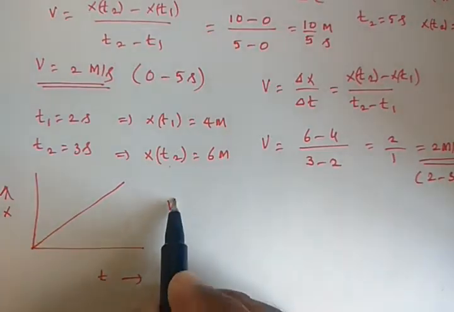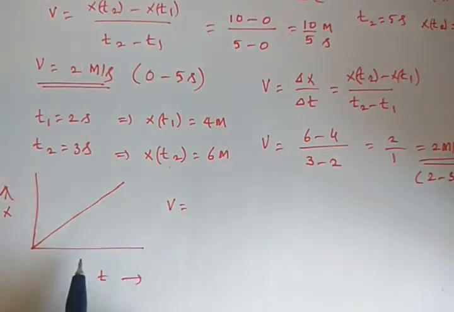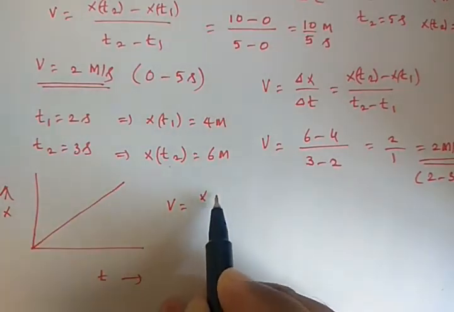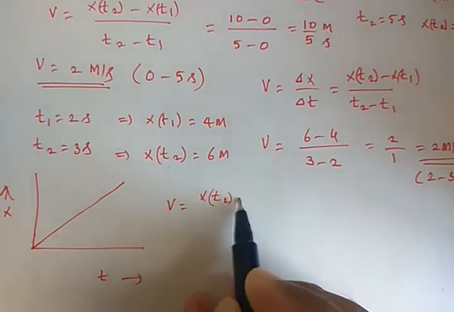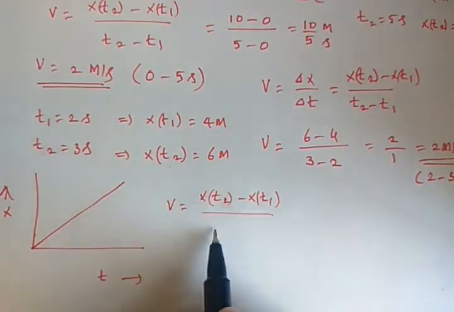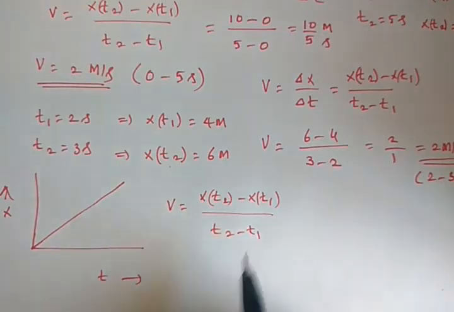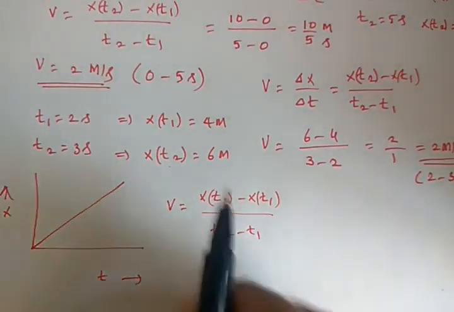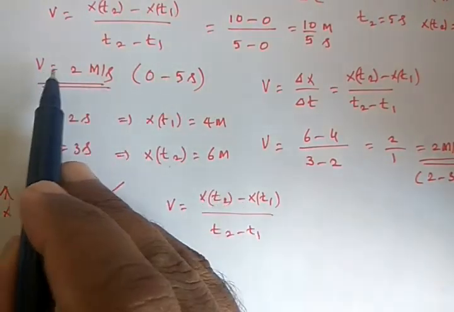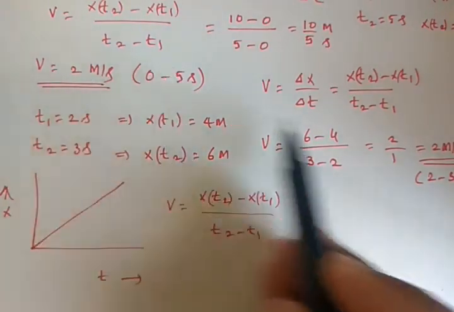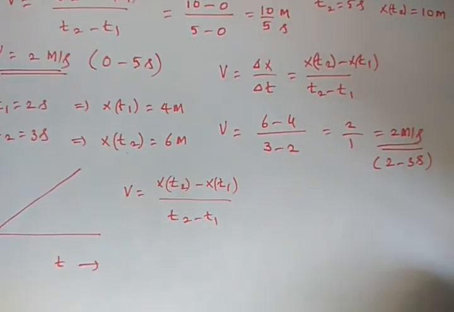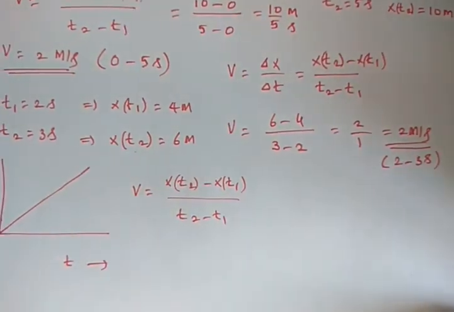The velocity of this body you can get by taking the slope, and the slope of this line will be x of t2 minus x of t1 by t2 minus t1. This is the equation to compute velocity. The same equation we have used to compute the velocity of the body between 0 and 5 seconds, and similarly between 2 and 3 seconds also.